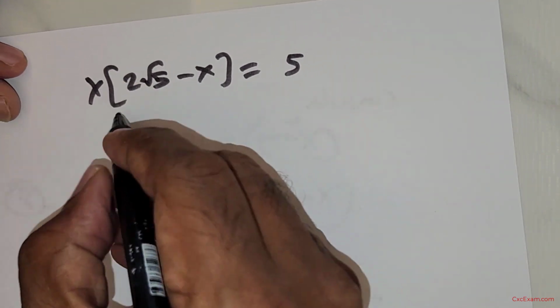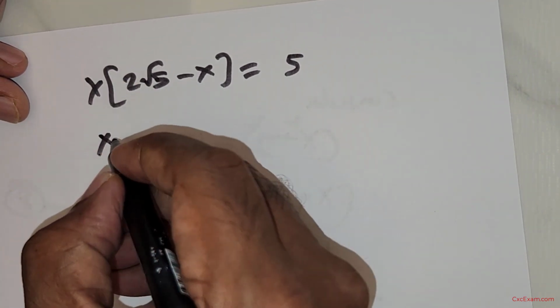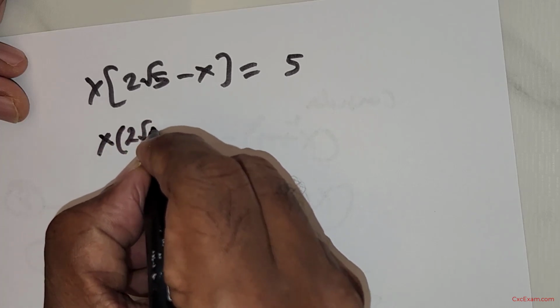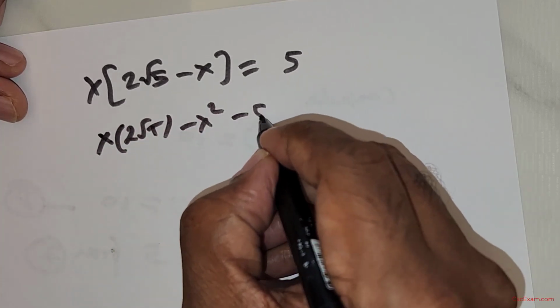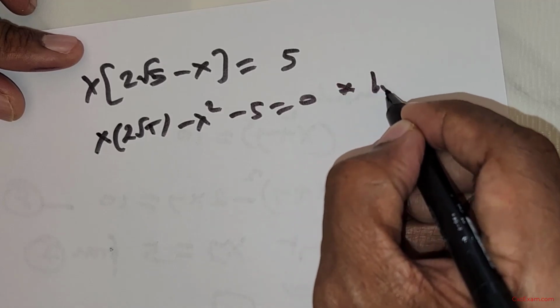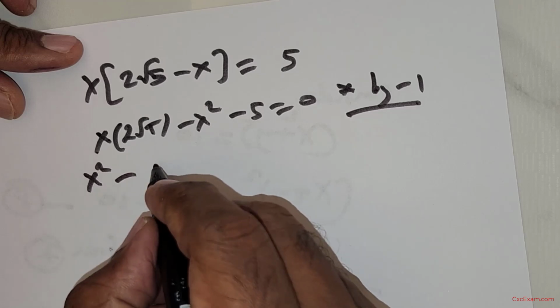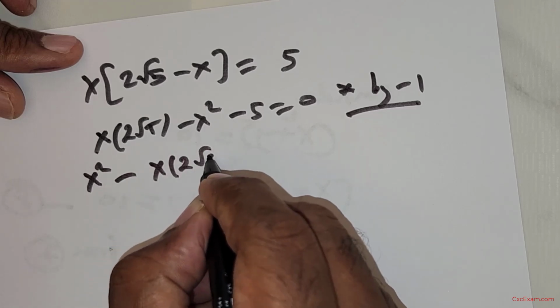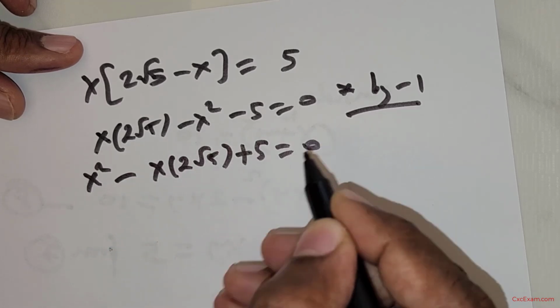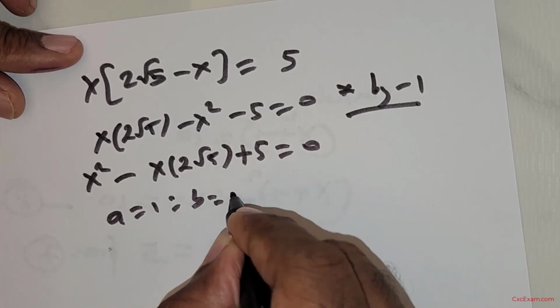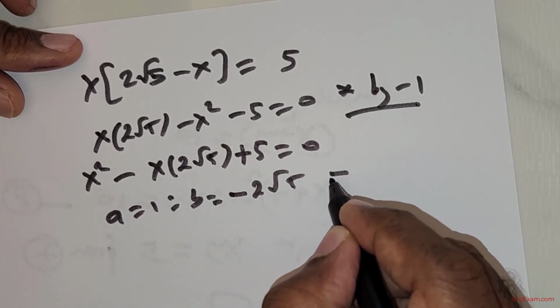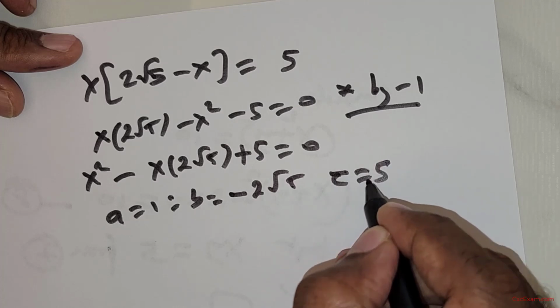So now you distribute x, so this is going to be 2 times root 5 x minus x squared minus 5 is equal to 0. Now you multiply by negative 1 on both sides, so this is going to give you x squared minus x times 2 times root 5 plus 5 is equal to 0. a is equal to 1, b is equal to negative 2 times root 5, and my c is equal to 5.